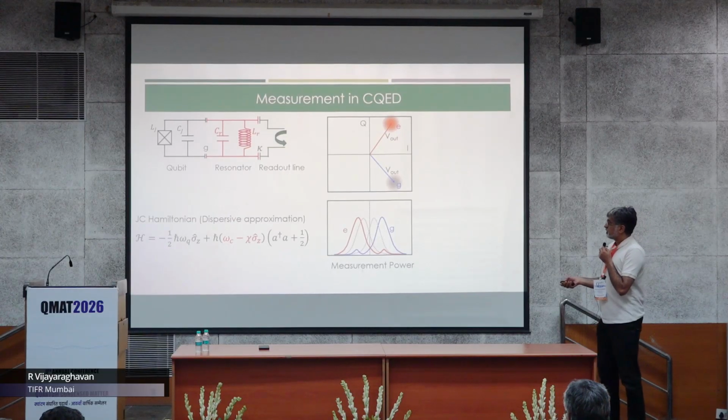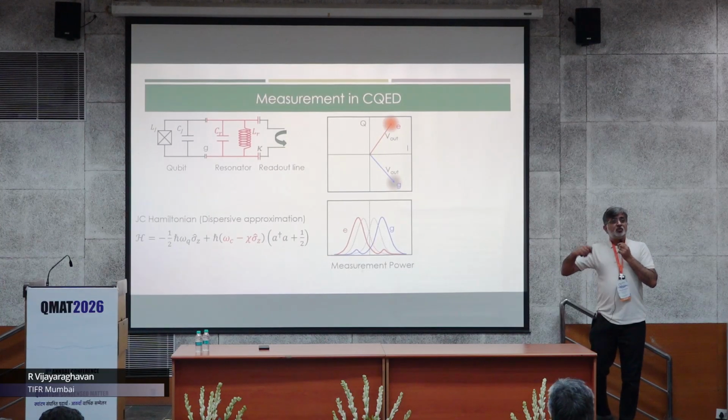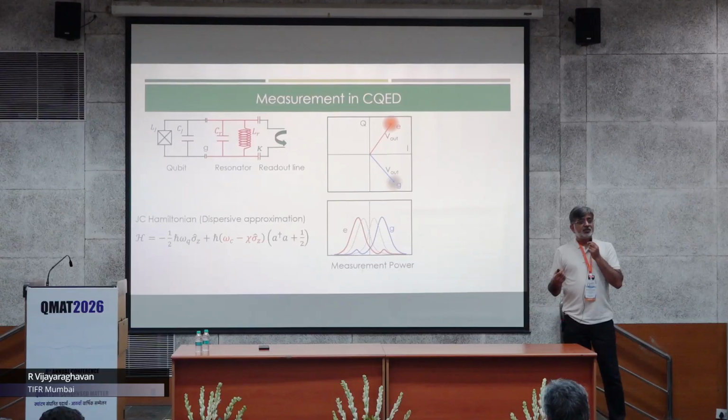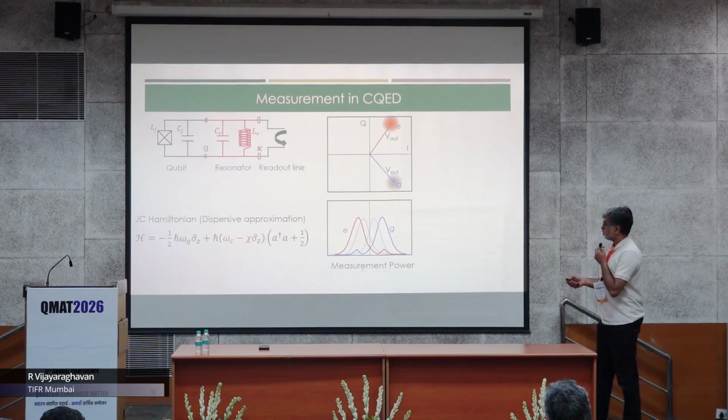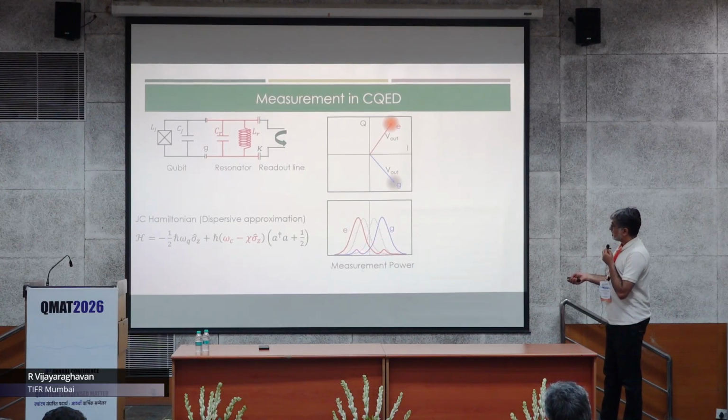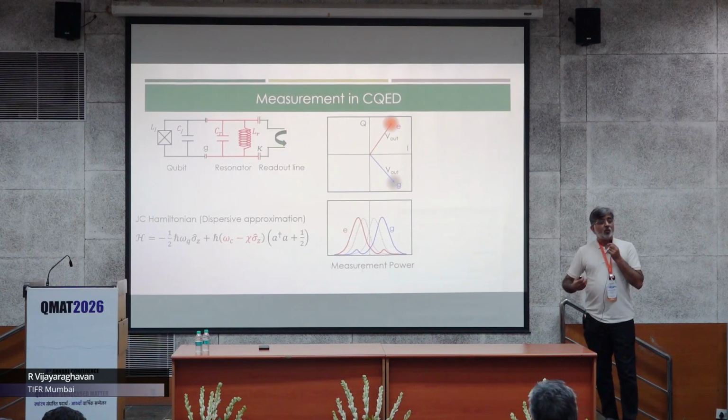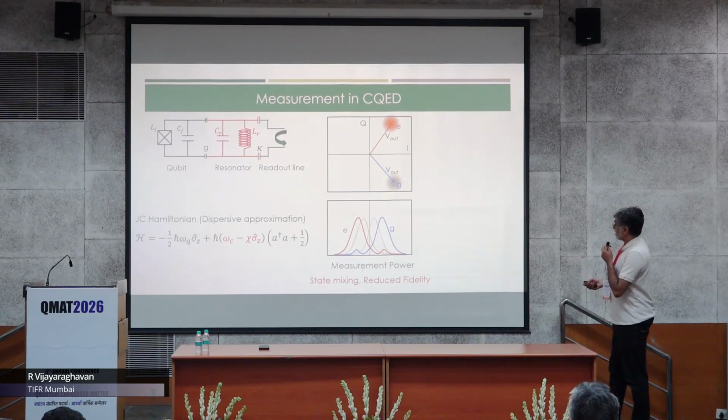And there are processes which can cause the qubit itself to change state because of the presence of the measurement tone. That's harmful because you are now changing the state of the qubit and destroying the original information that is present. So you can cause the ground state to become the excited state or the excited state to become the ground state, which are shown by these little bumps here. And then you have ambiguity in knowing what the actual state is. So you get state mixing, which is a bad thing.